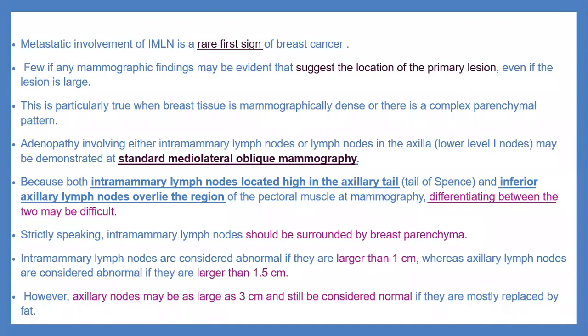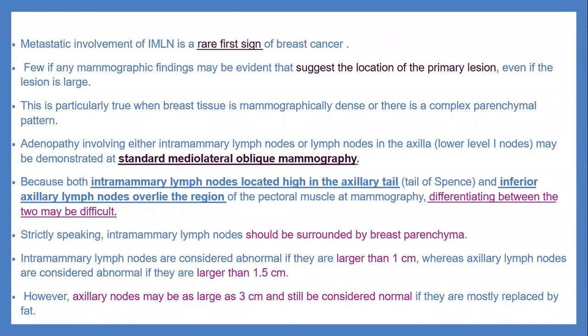Like the first patient, you see with subtle architectural distortion on the lateral aspect. When you have seen the intramammary lymph node in the same area, you suspect the primary breast cancer in the same quadrant. You have to go on the mammography or breast imaging and search for the primary cancer in the same region or same quadrants.